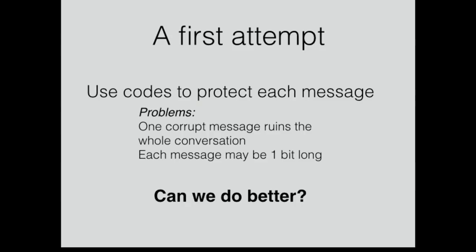Then no matter what error correcting code you could use, the adversary could just concentrate their errors onto one of those messages, which would just be 1 over n fraction of the entire communication, and ruin the whole conversation. Okay. So this is not such a good idea. And what we're going to see are many ideas, or some ideas to solve this problem in a way that's better than doing this.